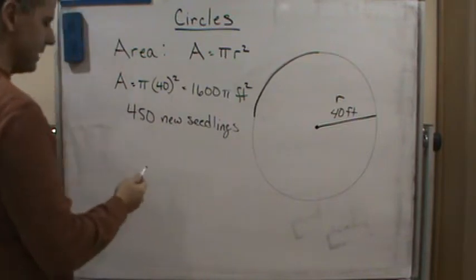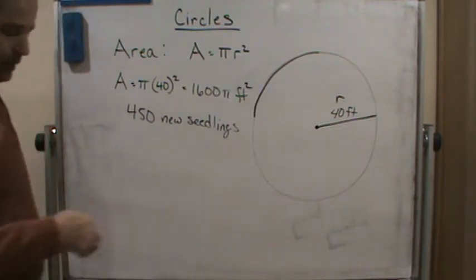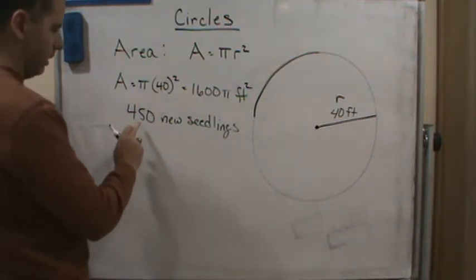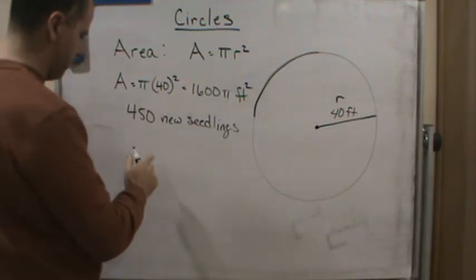So let's say we've got 450 new seedlings, right?